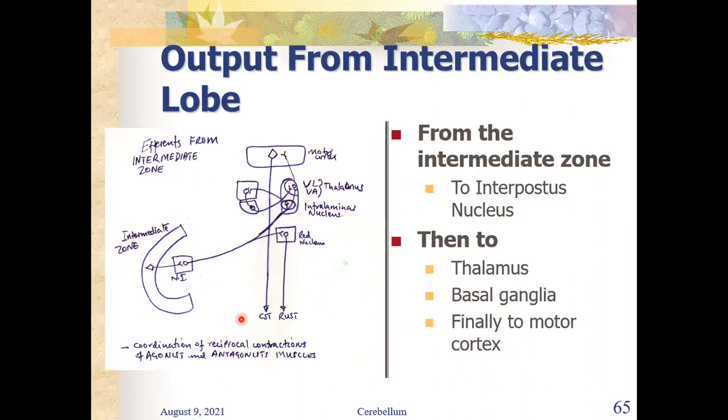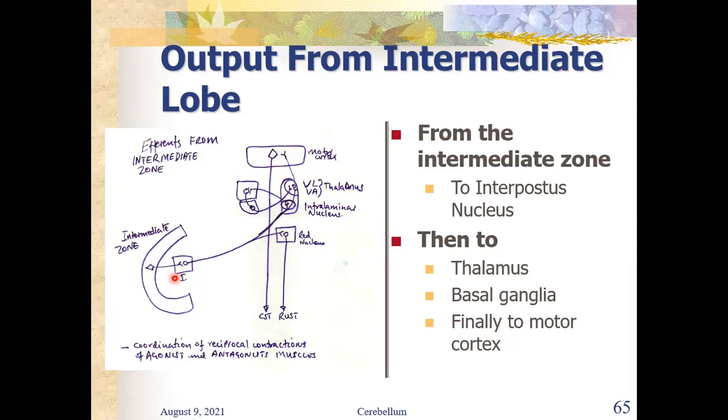Then from the intermediate zone close to the spinal cerebellum, there is output from the intermediate zone to the nucleus interpositus. Remember, the globose and emboliform nuclei lumped together are known as the interpositus nucleus.